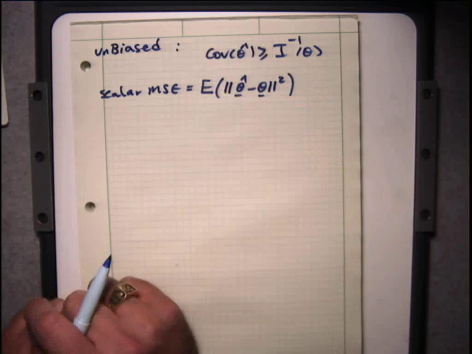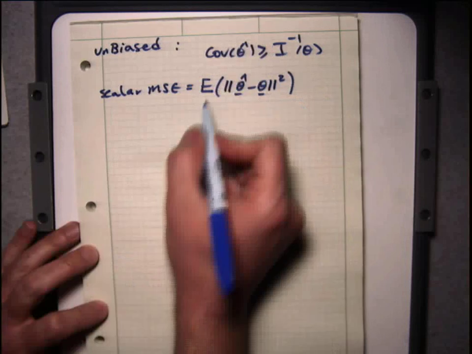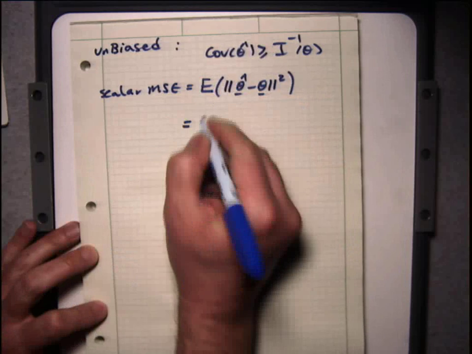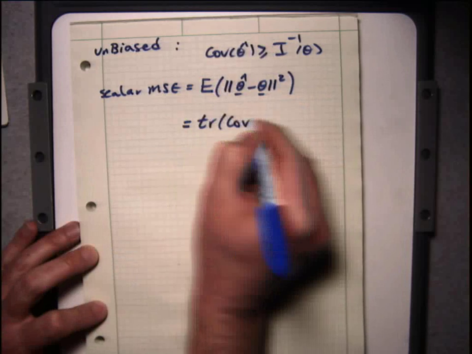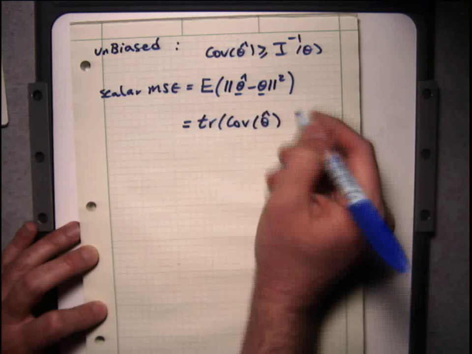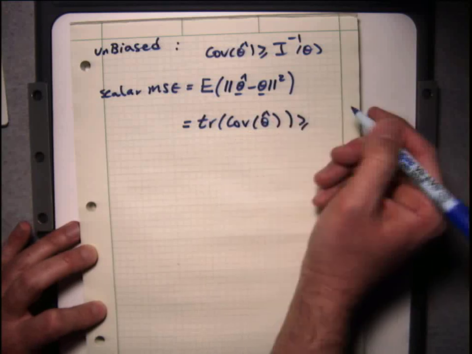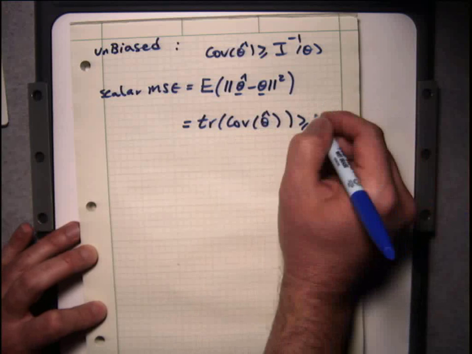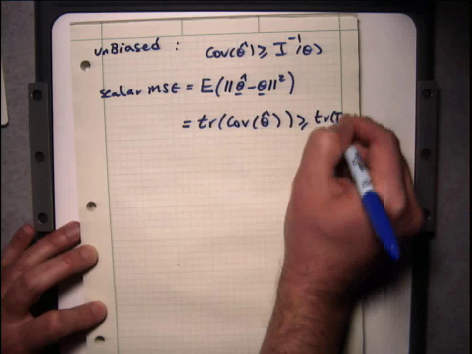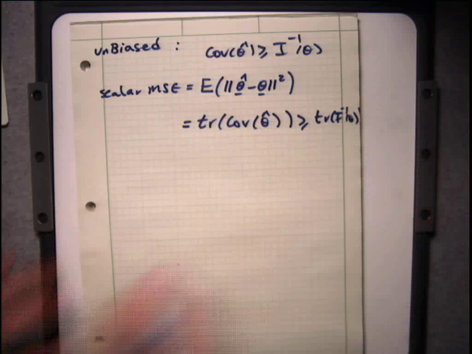So this is equal to the trace of the covariance of theta hat, and that's less than or equal to the trace of I inverse theta.